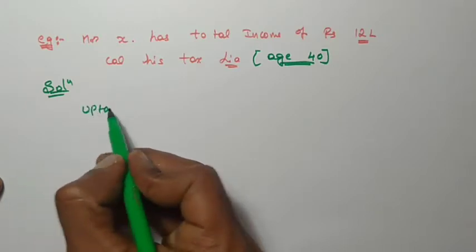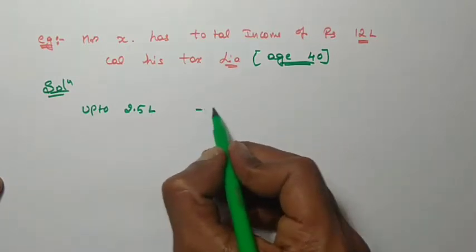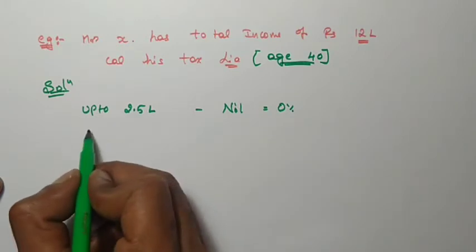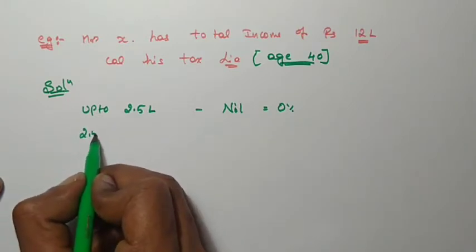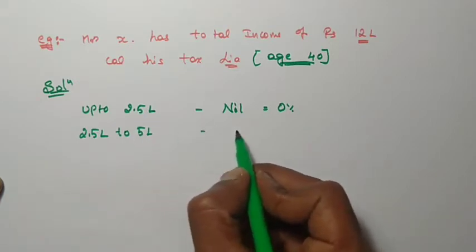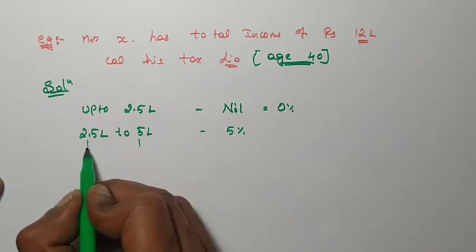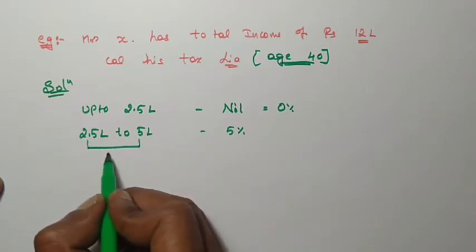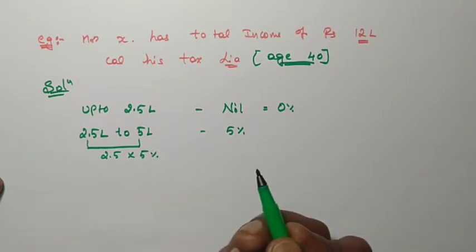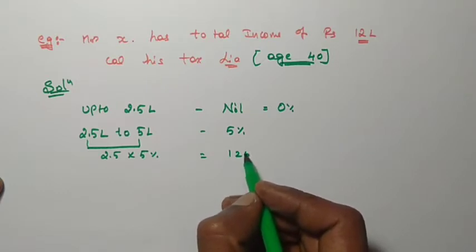Up to 2.5 lakh, nil rate of tax, 0%. From 2.5 lakh to 5 lakh, 5%. On 2.5 lakh into 5% is equal to 12,500.